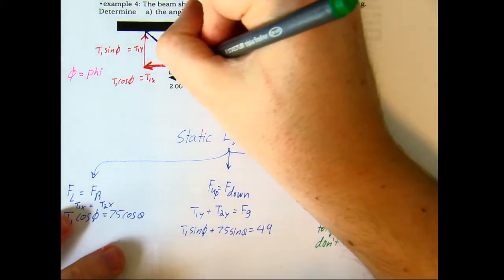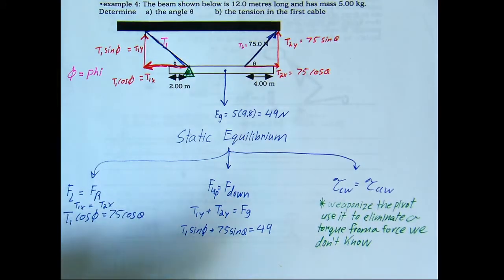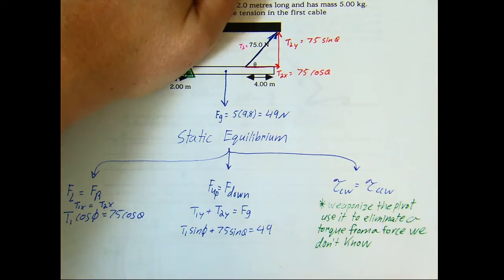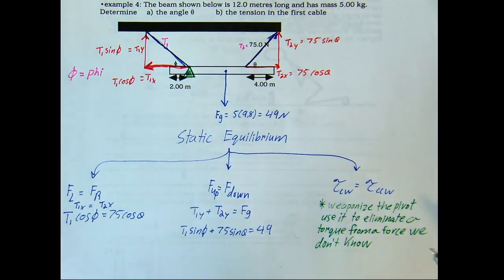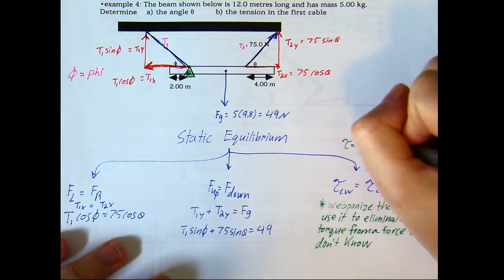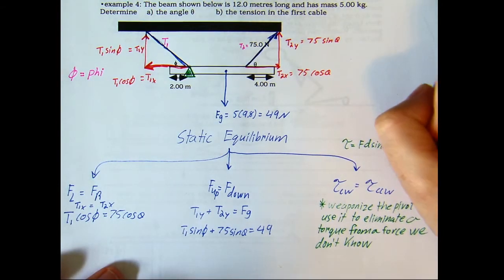If we place the pivot here, it allows us to look at torques while ignoring that force. Because if we remember, a torque is a force times a distance, and actually times the sine of the angle between them.